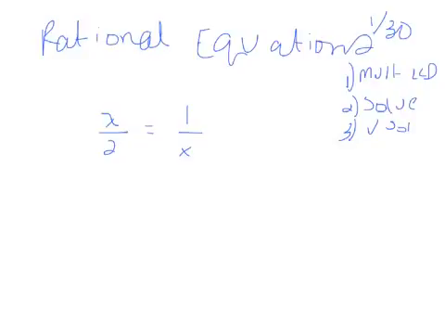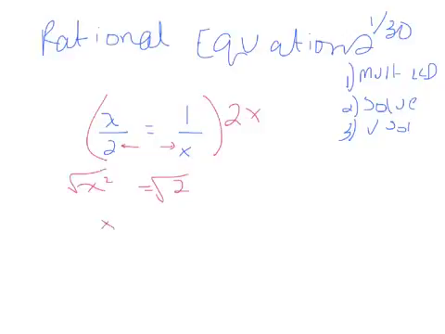So I'm going to multiply this entire equation by 2 and by x. Do you all see that? The 2 came from right there. The x came from right there. When I multiply by 2x on the left, I will be left with x squared. And when I multiply by 2x on the right, I will be left with 2. At that point, I would take the square root of both sides, and I would get x is equal to plus or minus the square root of 2.